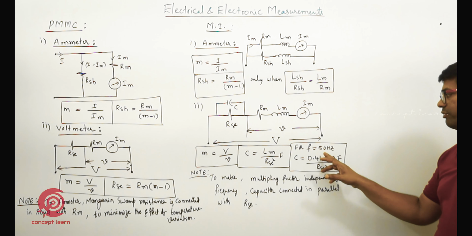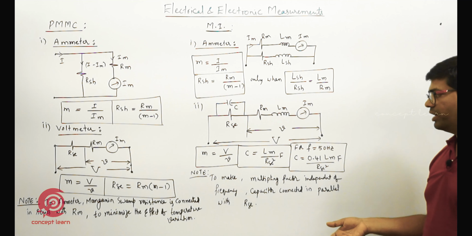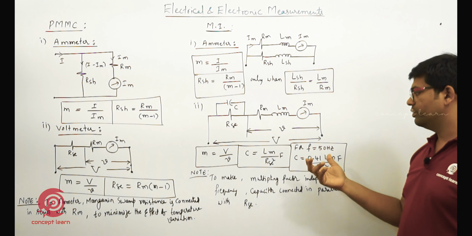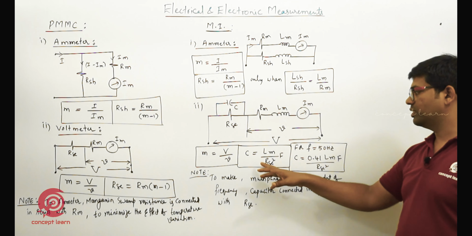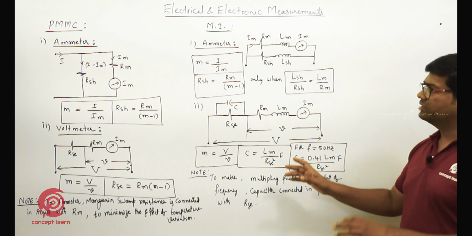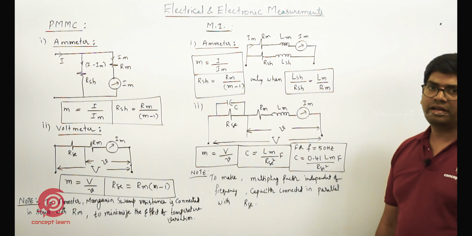This is only valid for a frequency of 50 Hz. For other frequencies, we get some other value of capacitance. But in general, if you write independent expressions for the capacitance, we get Lm by Rac square. So these are the relations for PMMC and moving iron ammeter and voltmeter.